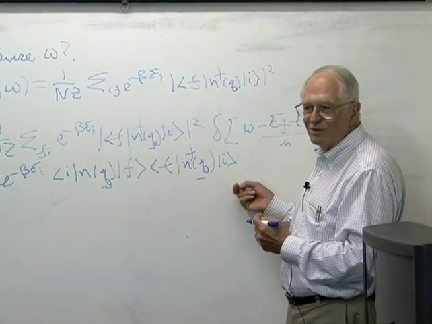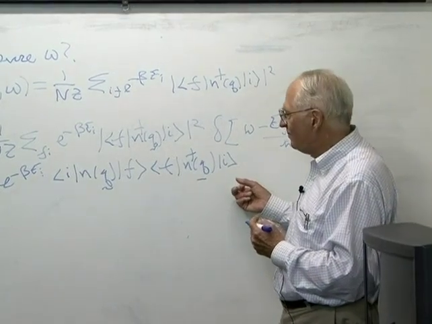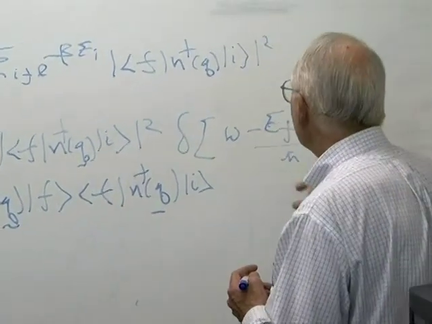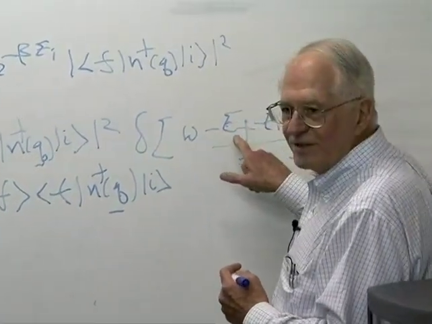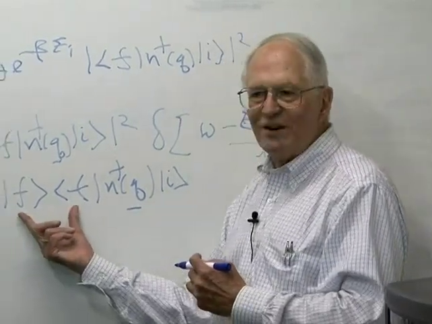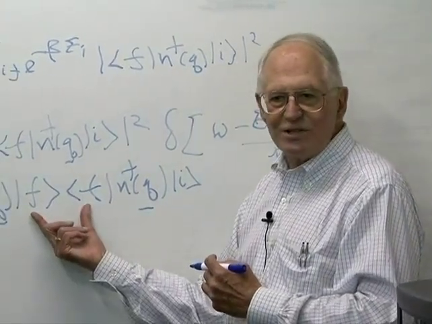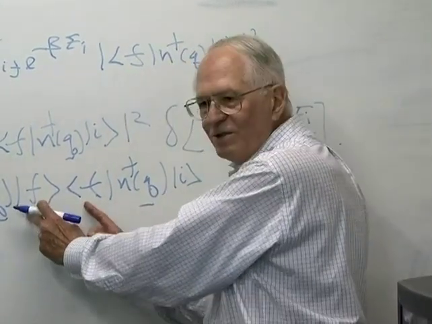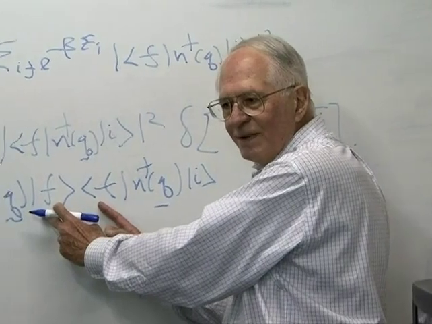And that's the answer. Almost. Now we can play two very pretty tricks. The only f dependence is here. In this formula f appears here, but because we've eaten up the delta function, the only f dependence is here, and we know how to do the sum of f adjoint f as states. This is just the completeness relation. So the sum on f just gobbles up these two projections. Is that clear?